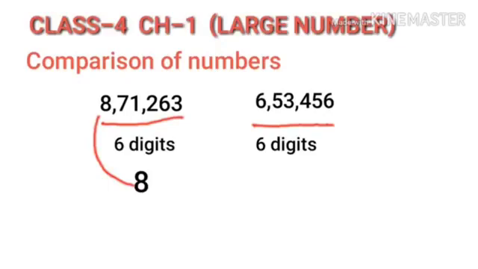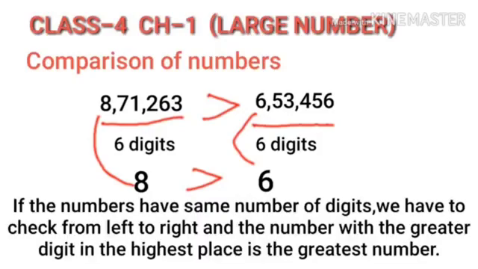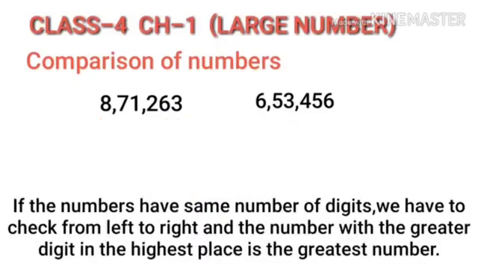But if we look at the first number, it has 8 in the first place and 6 is in the first place of the other. Since 8 is greater than 6, the number 871,263 will be greater than 653,456. So if the numbers have the same number of digits, we have to check from left to right, and the number with the greater digit in the highest place is the greatest number.